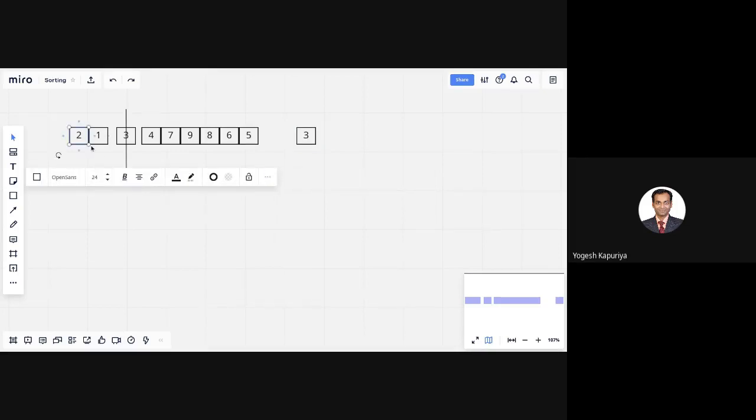The leftmost number, which is 2. So 2 is my pivot now. And I will have two pointers. One is I, and the second is J.